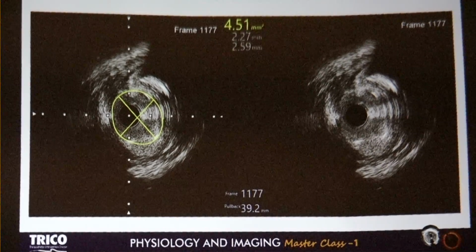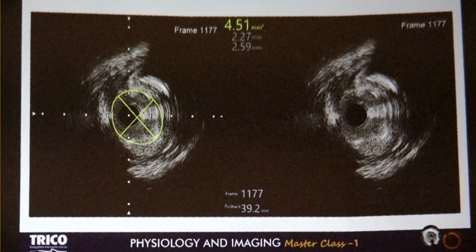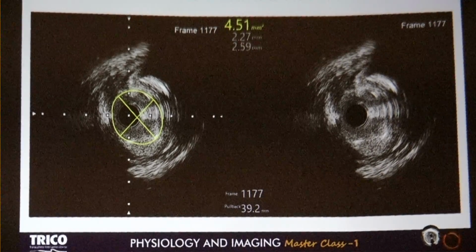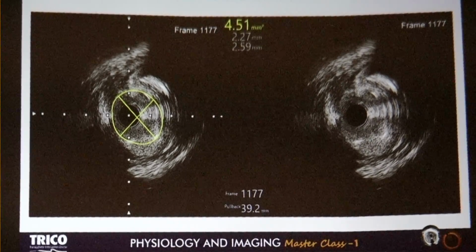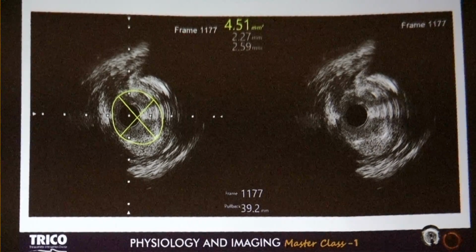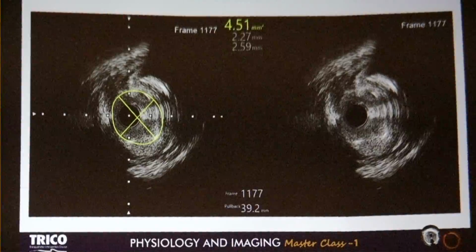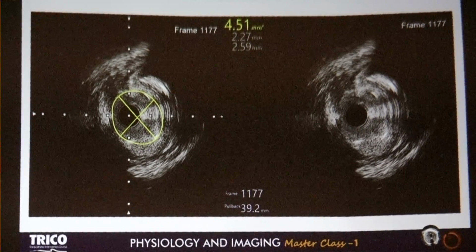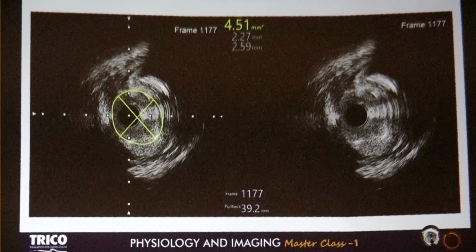I went up to 15 atmospheres because I was worried about rupture, because the other area was not calcific. It was quite fibrotic and normal tissue. It was 4.5 instead of 6. It should be 6 in the proximal LAD, at least.